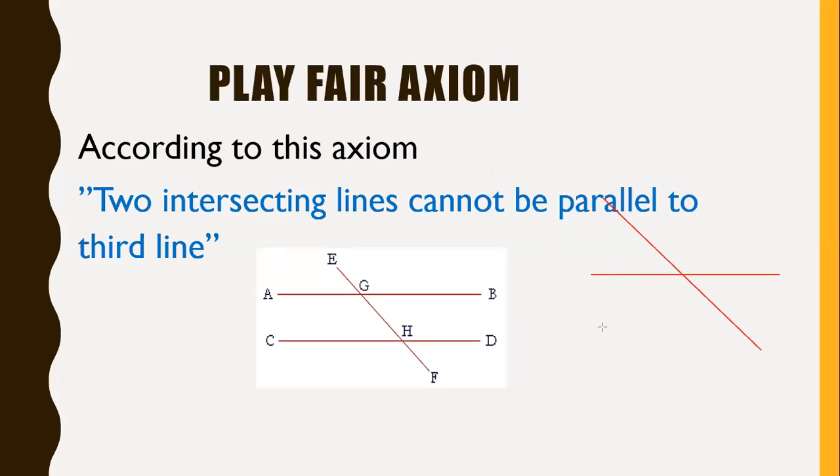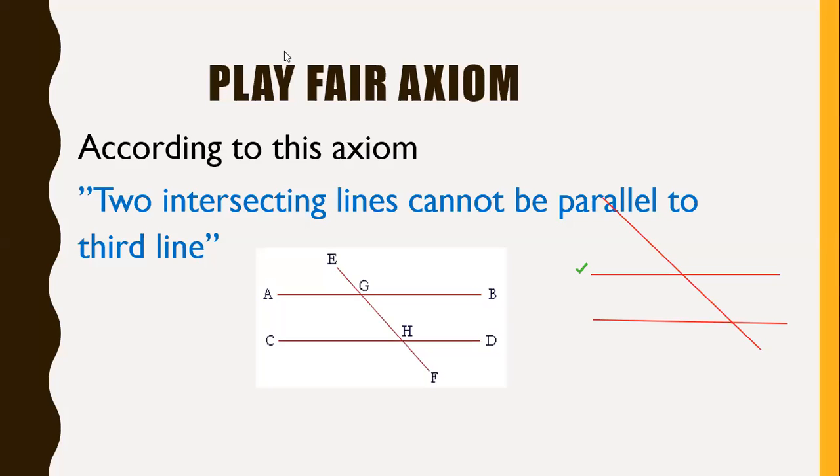For example, if I want to draw a parallel line for these two intersecting lines, let me draw like this. Is this line parallel to both of these lines? No. This line is parallel to this line, but it's not parallel to the second one.